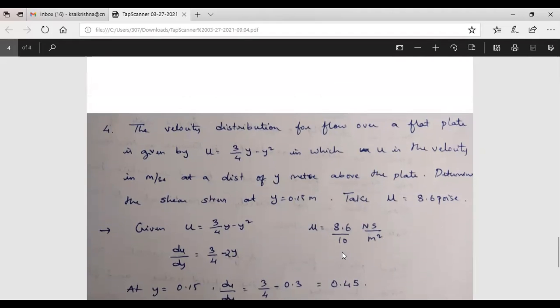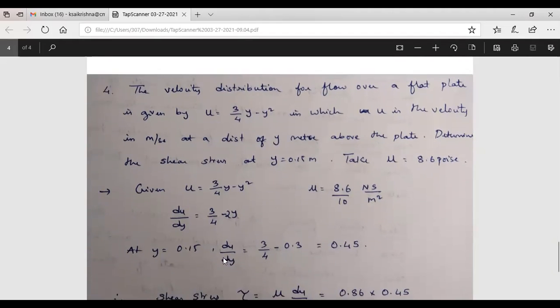Any doubt here? Up to this point, any doubt is there? Yes or no? No, sir. Right. So what we got? We got the du by dy value, that is 0.45.